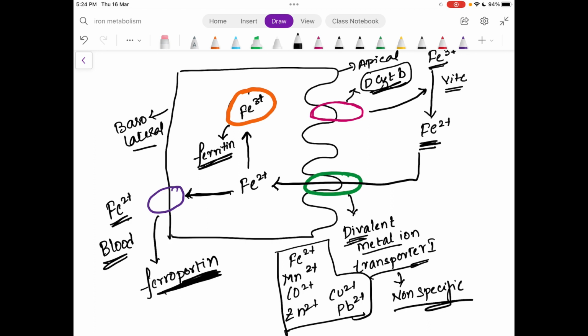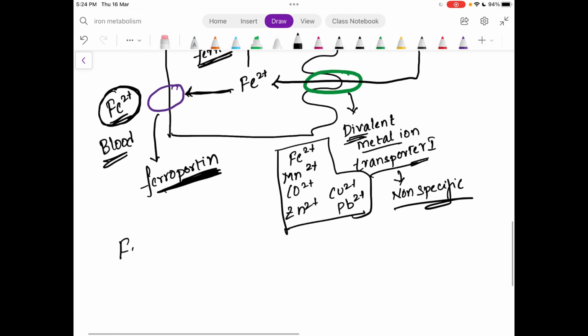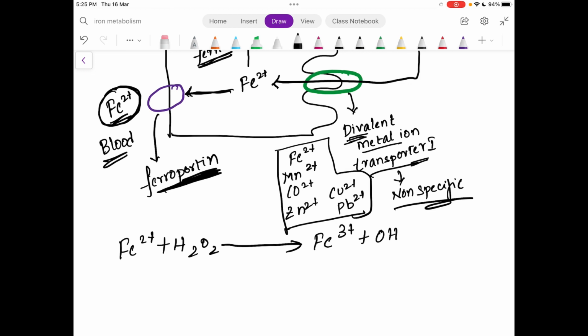This Fe2 plus is a very active form. This Fe2 plus will generate free radicals. How will it generate free radicals? Whenever Fe2 plus reacts with hydrogen peroxide inside the body, it will be converted into Fe3 plus and release hydroxyl free radicals.